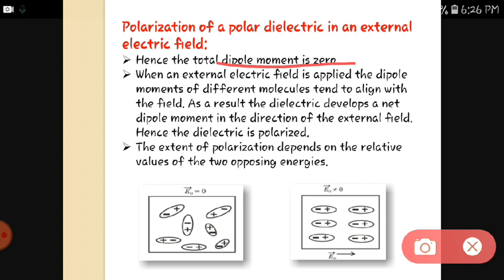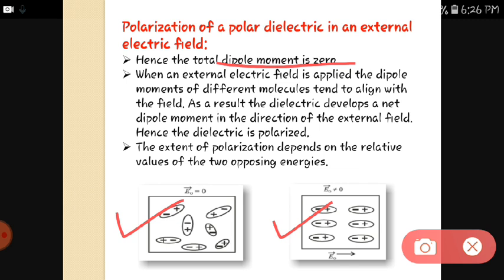Now what happens when an external field is applied? The dipole moments of different molecules tend to align with the field. Here you can see these all tend to align in the direction of the field. As a result, it develops a net dipole moment. Here it gets cancelled, but when an external field is applied, we get a dipole moment again, and the dielectric gets polarized. Are you getting it? When the electric field is not there, due to thermal agitation, the dipole moment becomes 0 for polar molecules.